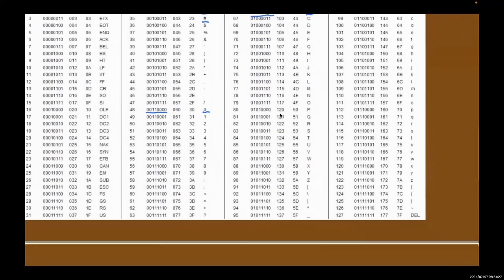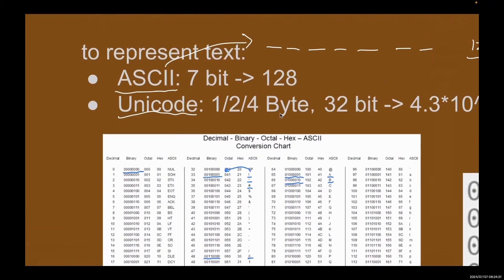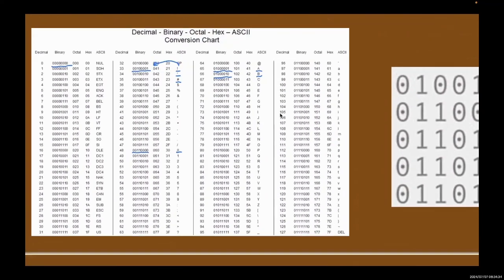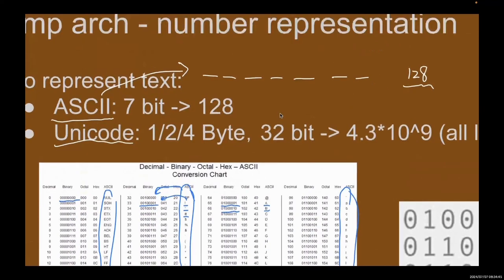We literally represent 128 things, and each has a binary number, which is 7-bit. So this is ASCII code.